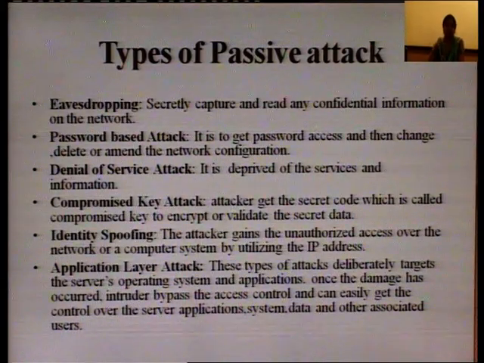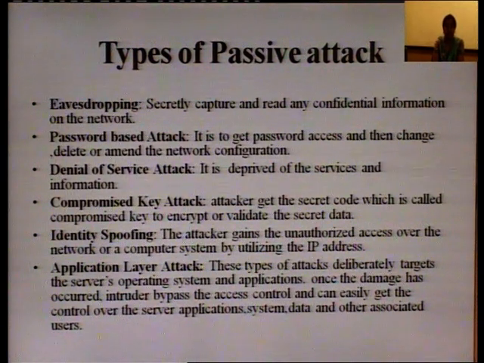The last type of application attack is the application layer attack. These types of attack deliberately target the server's operating system and applications. Once the damage has occurred, the intruder bypasses the access control and can easily get control over the server applications, system, data and other associated users.